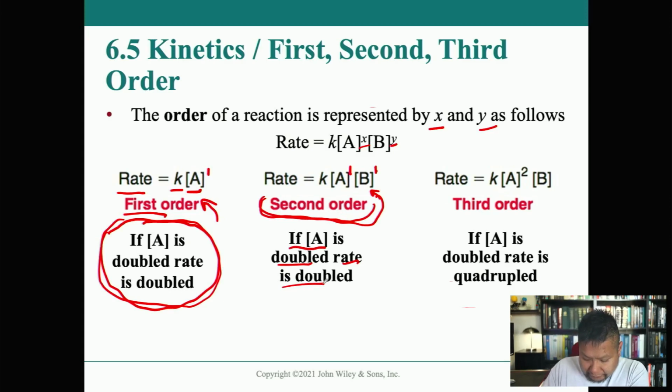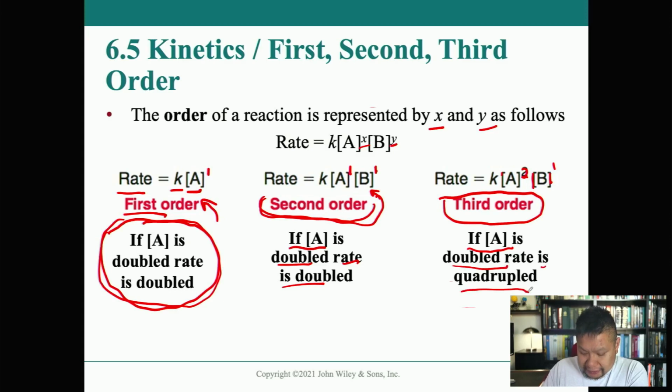And then we have a third order reaction, where A has an exponent of 2, and B has an exponent of 1. What that means, quite simply, is since the 2 is here, it's squared, so if A is doubled, the rate is quadrupled.